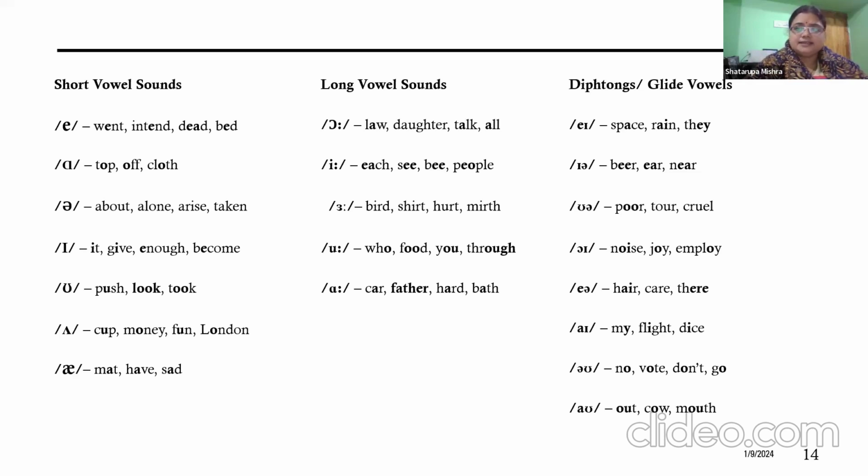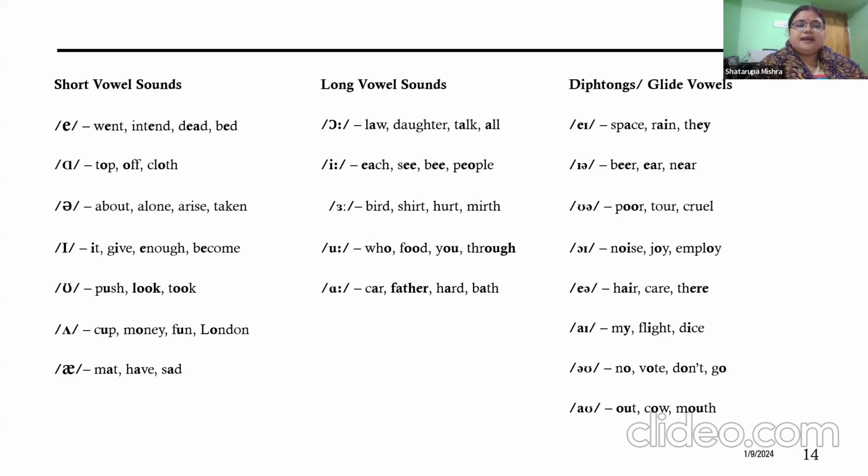You can hardly hear it in these words: about, alone, arise, taken. Okay. Then we have the short E sound, which is written with a capital letter E, but in a smaller size. It, give, enough, become.